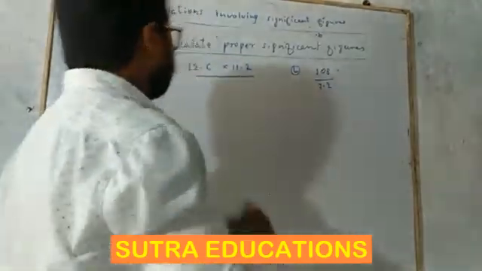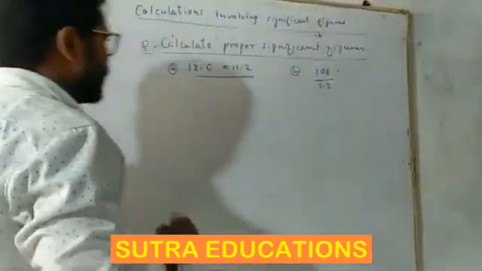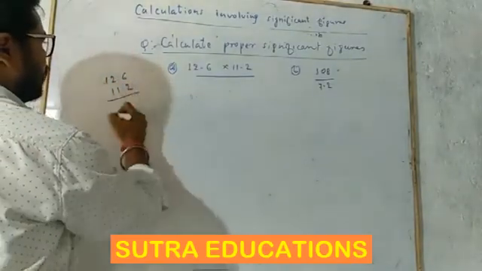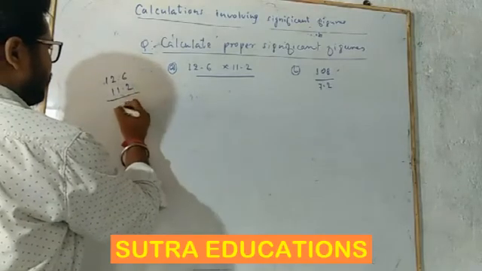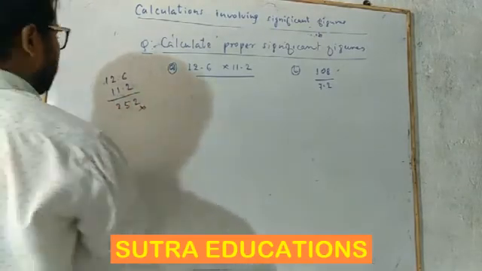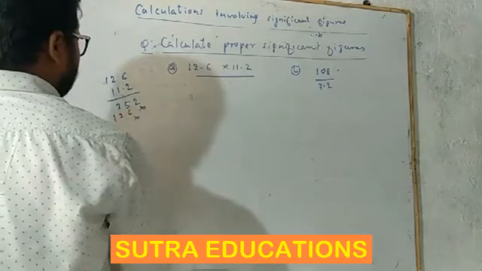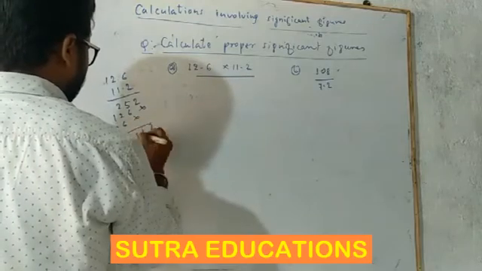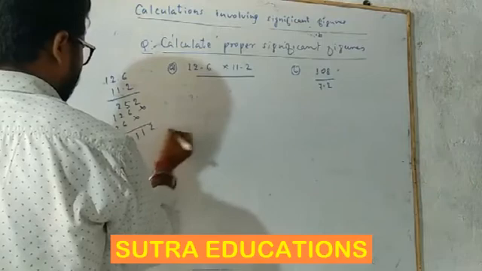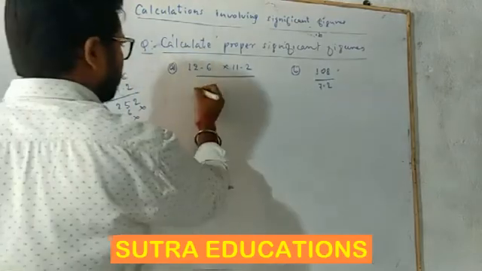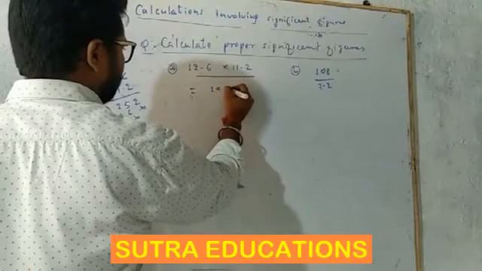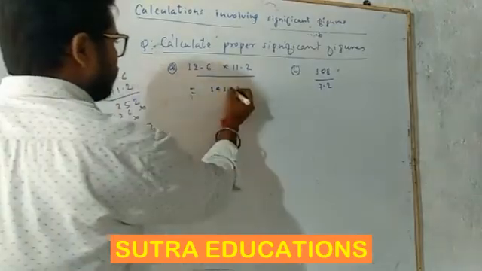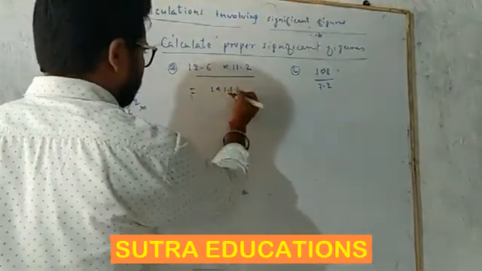So multiply these two numbers, 12.6 into 11.2. Decimal will be present here.